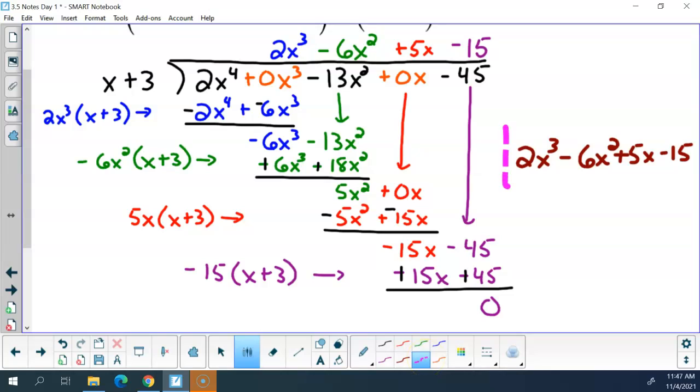This also tells me, because there was no remainder, that x plus 3 is a factor of 2x to the 4th minus 13x squared minus 45. Which later on next week will tell us that negative 3 is a 0 of 2x to the 4th minus 13x squared minus 45.